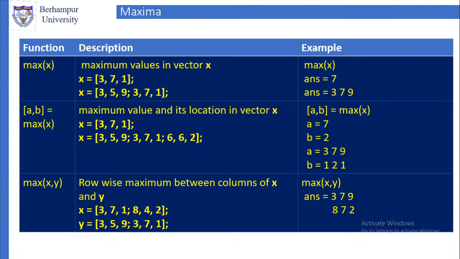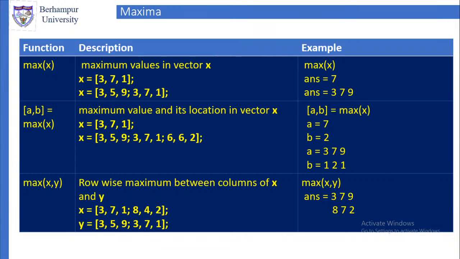In the second column it is 5 and 7, maxima is 7. Third column 9 and 1, maxima is 9. So the answer will be 3, 7, 9. So it will compare the elements in each column and write out the maxima as a row.